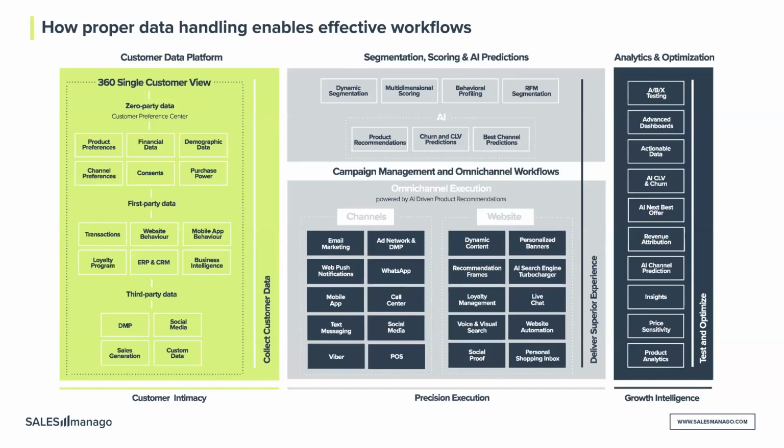Then you can process it even further. You can take an extra step and use it for analytics and further optimization. You can A/B test your actions. You can predict customer lifetime value. You can use it in so many ways to learn even more about your customers as a group and as individuals.